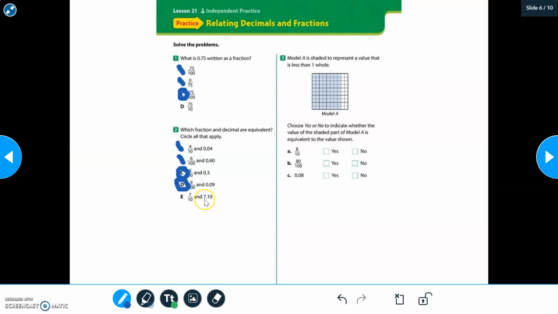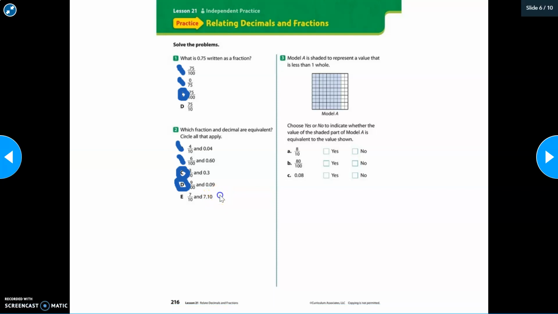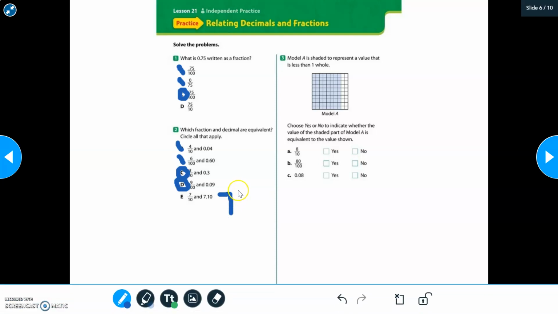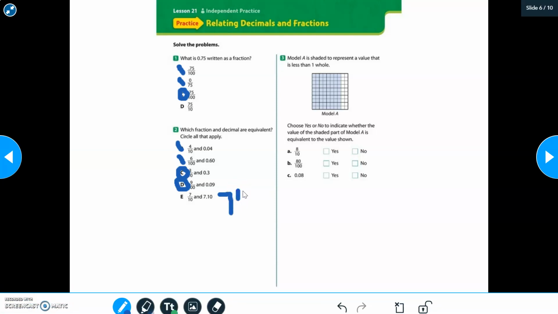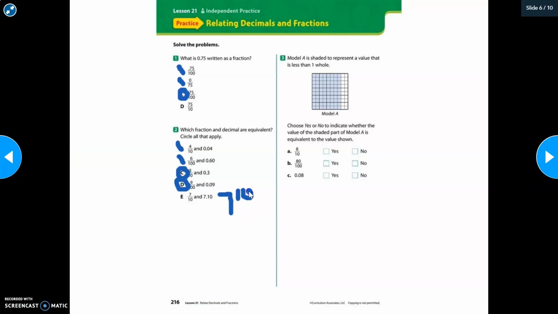This is a decimal with a whole number and a fraction. So this decimal reads 7 and 10/100. Sorry. And this is how you would actually write it as a fraction. 7 and 10/100.